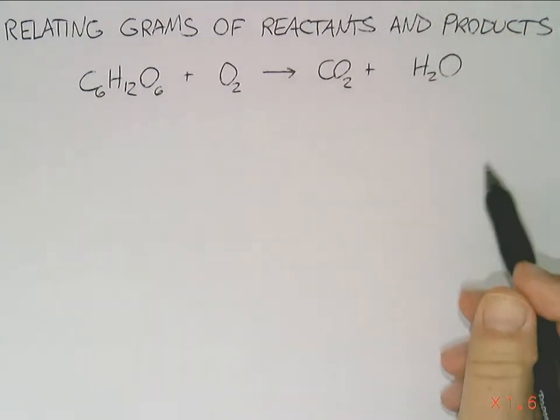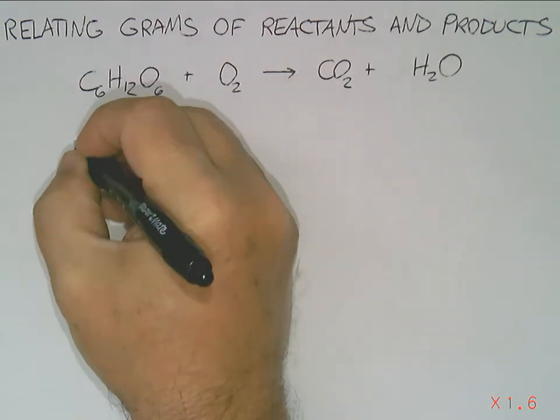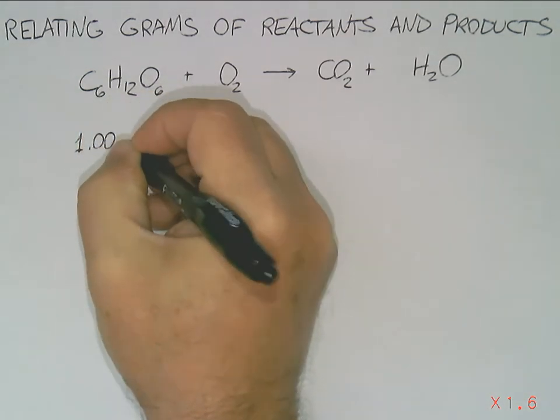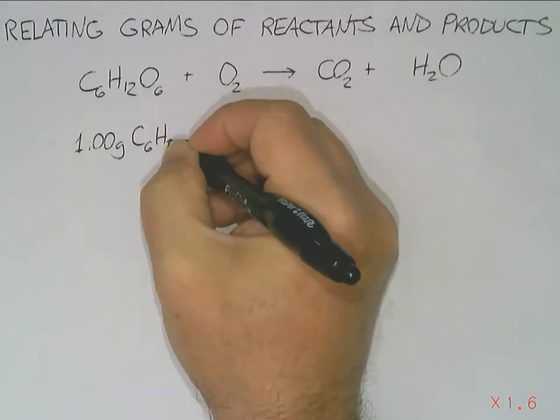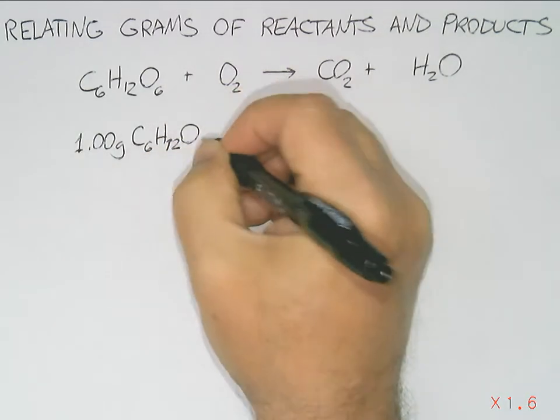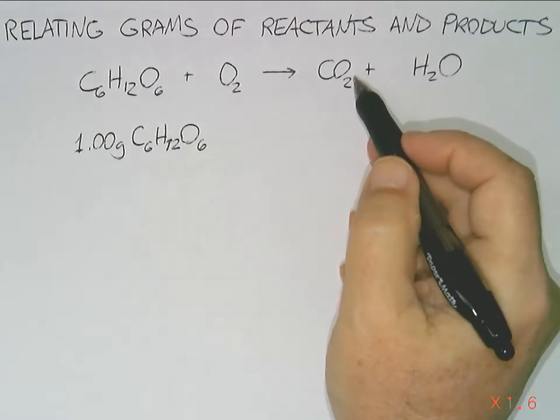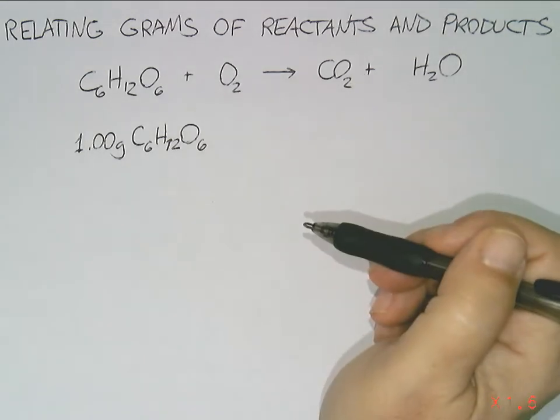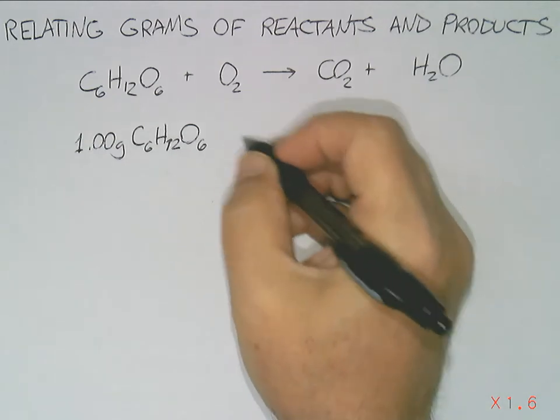And we often want to know something like, if I have 1 gram of glucose, how many grams of carbon dioxide are produced? Or how many grams of O2 do I need to completely burn that up?